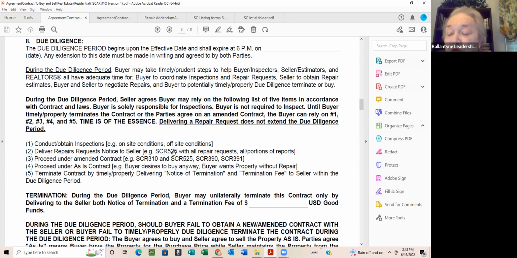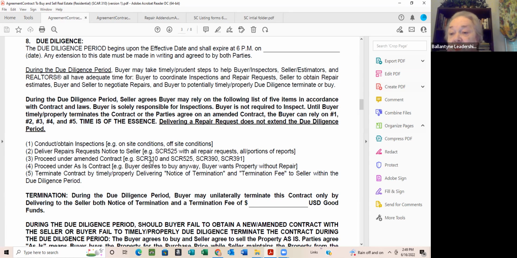If they come to an agreement on that 525 as to what the buyer and the seller will do prior to 6 p.m., this 525 will amend the contract that they're in place with, and that becomes like an addendum amendment to the contract, and the due diligence option goes away at that time, and you proceed forward with the new amended contract that includes the agreement on what repairs will be made by the seller.